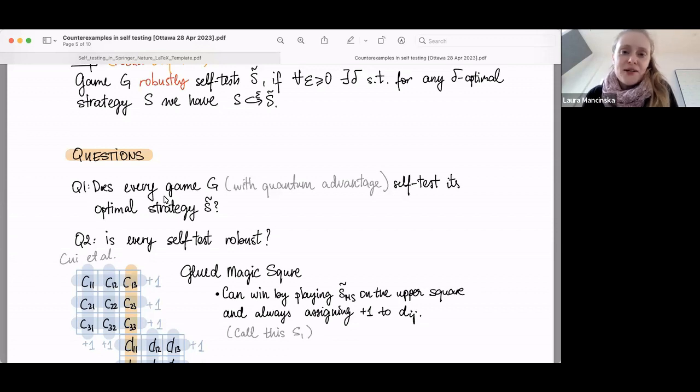So somehow it looked like self-testing is everywhere. So that's what we asked: is it indeed the case that every game self-tests its optimal strategy?